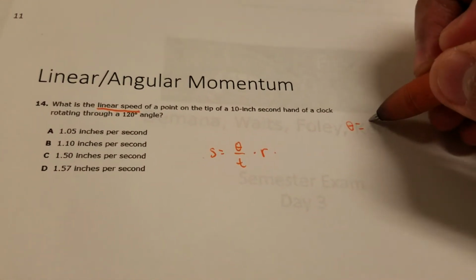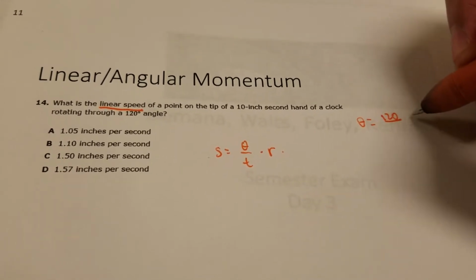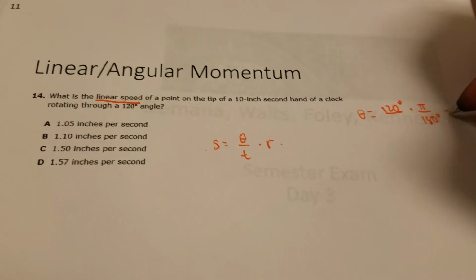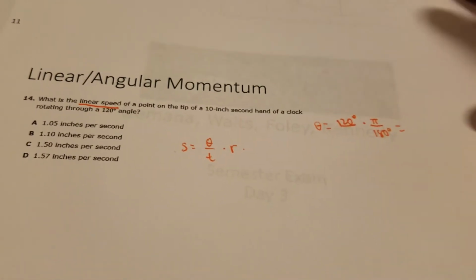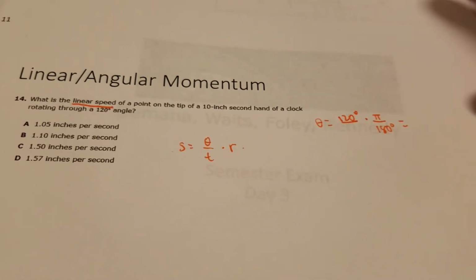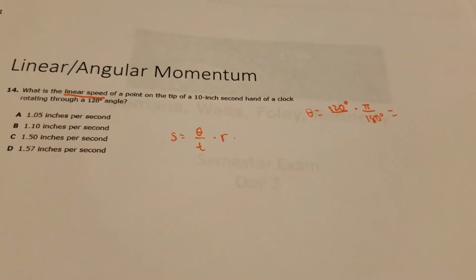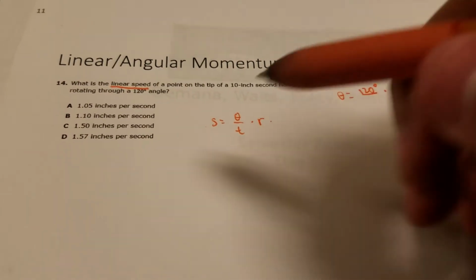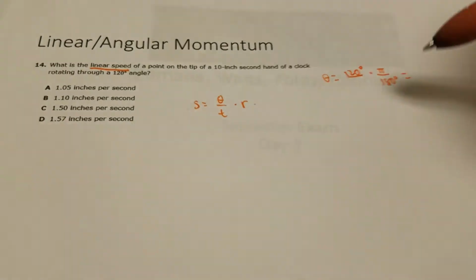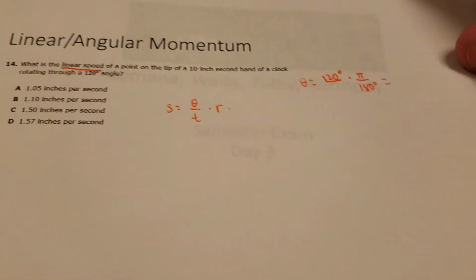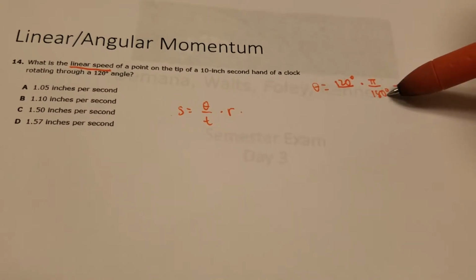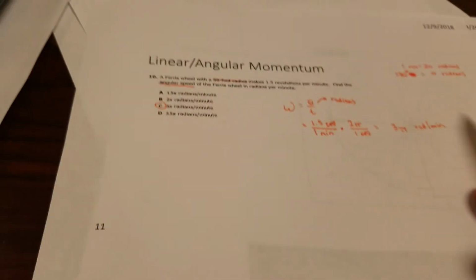So I'm going to convert this 120 degrees to radians. When I multiply this out, I can see that my answers are all decimals, so I would multiply out 120 times pi divided by 180 instead of leaving it in terms of pi like I did in the other problem.